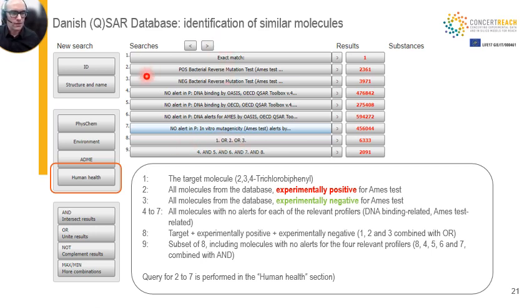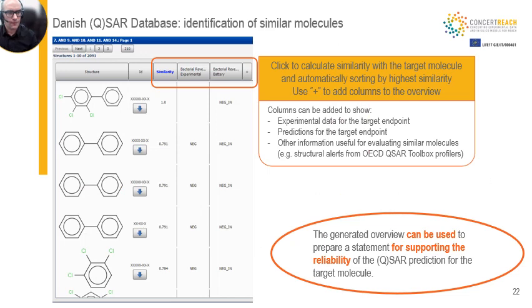So the first merge is we create a list including the target and all molecules identified with experimental data. And then we filter out those molecules which have a different alert profile compared to the target. And this is an example of the obtained result, where the list can be sorted, for example, by calculating the structural similarity to our target.